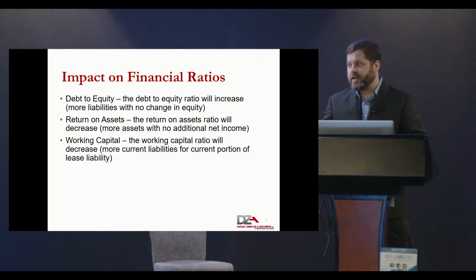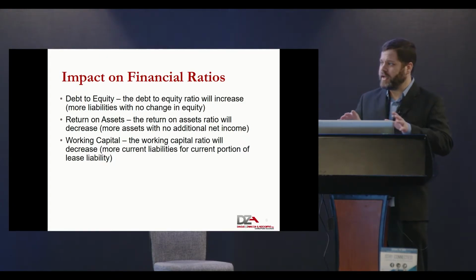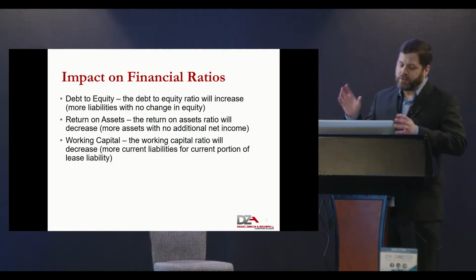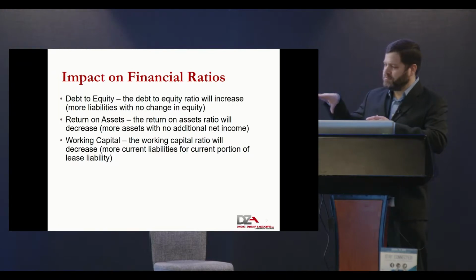If these are used very heavily in your organization, especially by your lenders or creditors, you'll want to at least do some back-of-the-napkin calculations right away to see if this is going to affect some of your debt covenants, perhaps. The reason why these will be affected, again, as I said before, it's not going to affect your income statement as much, but on the balance sheet, and I'll show examples of what your balance sheet is going to look like in a little bit.